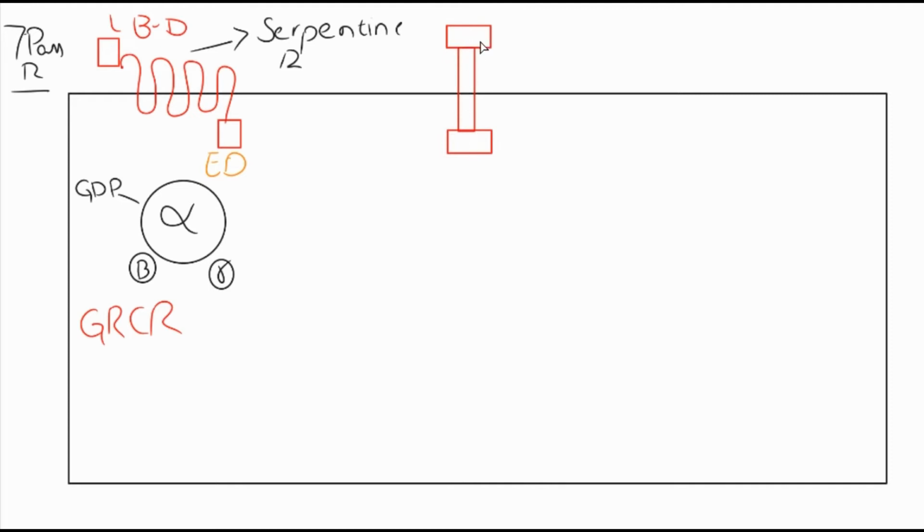That is why the name we give to it is 1-pass receptors. In 1-pass receptors, the external domain is also called the ligand binding domain, and the internal domain is called the effector domain.